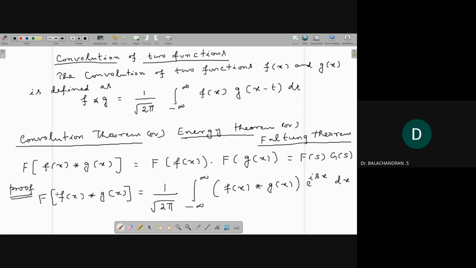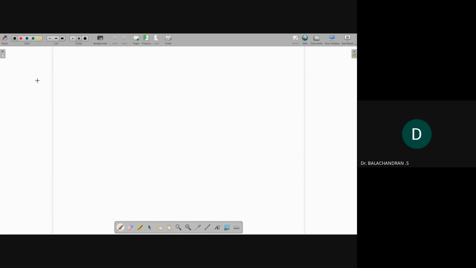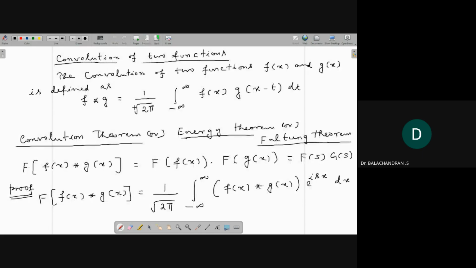So first I used the definition of Fourier transform. Next I am going to use the definition of convolution of two functions for f star g. I am going to write this in the next step, which is equal to 1 by root 2 pi, integral from minus infinity to plus infinity, f of x star g of x is what?